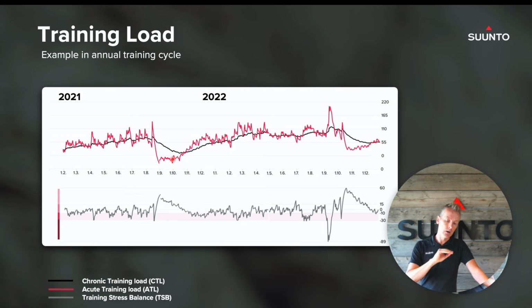Then you can see the chronic load with a black line illustrating how my fitness is going, using rolling 6-week values. And then the training stress balance illustrates the difference between these two. Am I doing too much, or am I in the right place in my training progress?